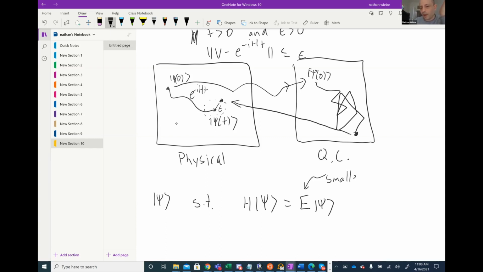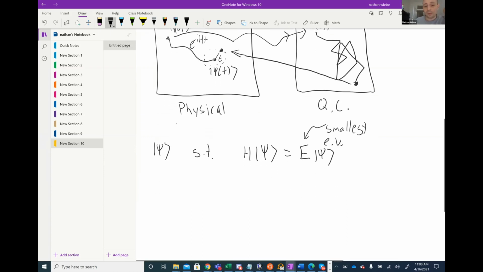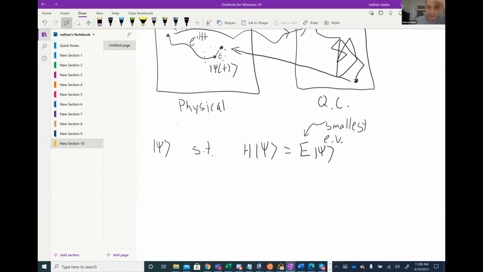So that's known as the ground state. So often what people want to know is they want to be able to find the ground state energy for a particular system.